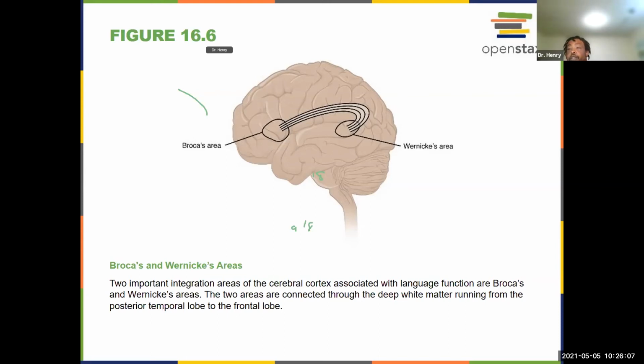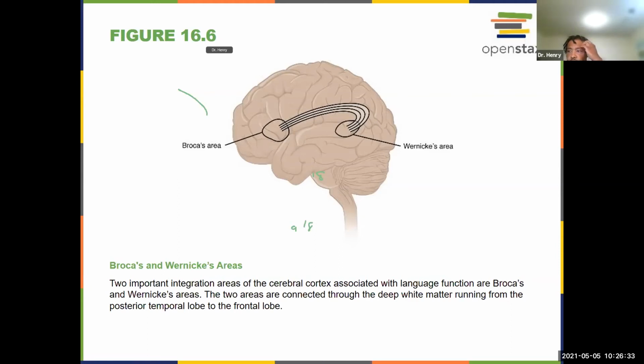Now during development, the white matter that goes between the Broca and the Wernicke area is first very generalized, and then it gets more formulated.